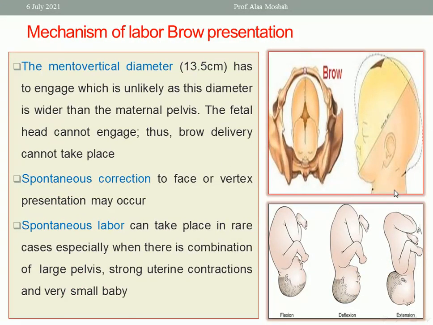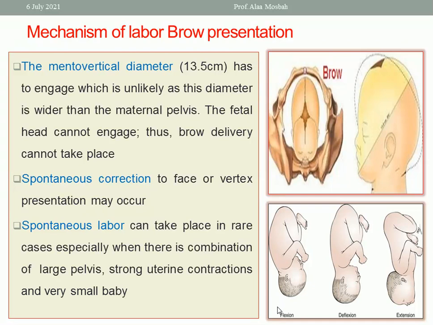We mentioned before that the mento-vertical diameter is larger than any pelvic diameter, so engagement cannot happen except if the brow is transient and converted to face or vertex, so the diameter will change. The engaged diameter will be changing.